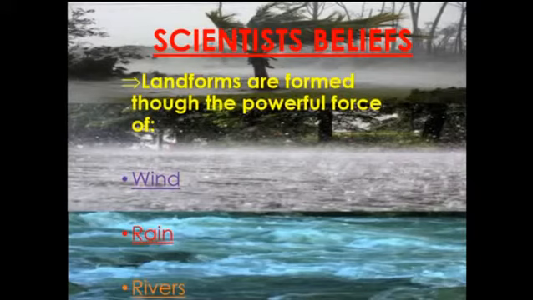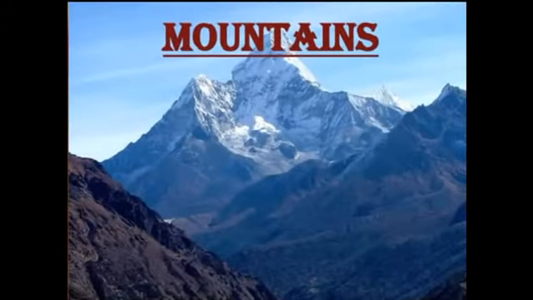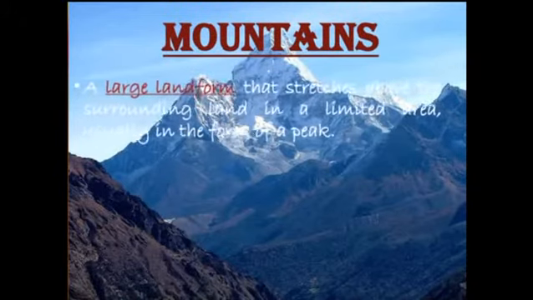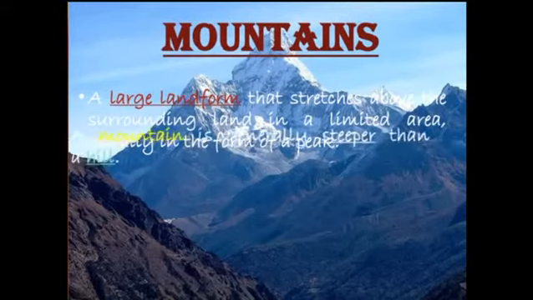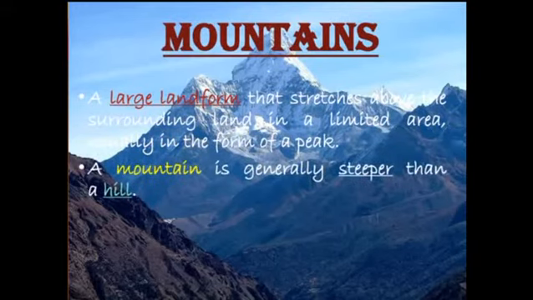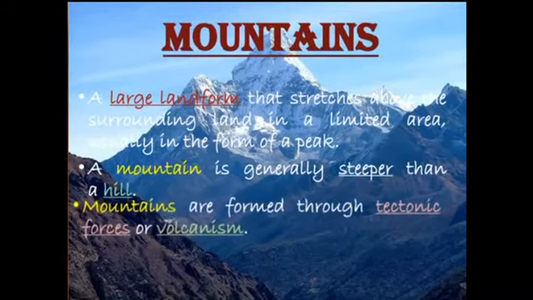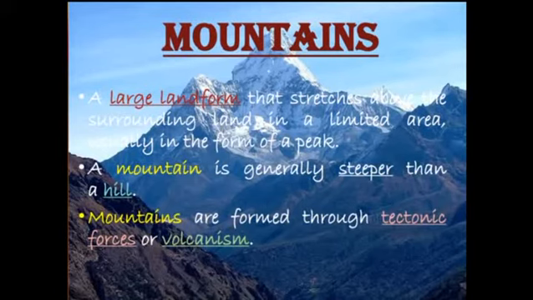As we have discussed in the list, first of all come the mountains. Well, a mountain is a large landform that rises above its surrounding areas. It usually makes a peak or ridge. It is sharper and higher than a hill. And mountains are usually formed through the process of folding or volcanism.